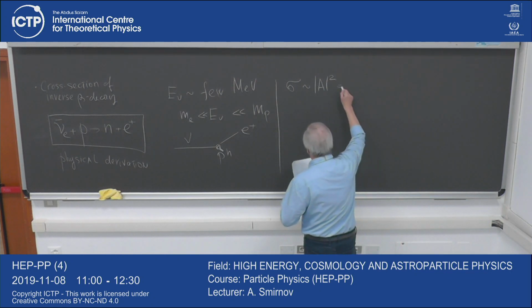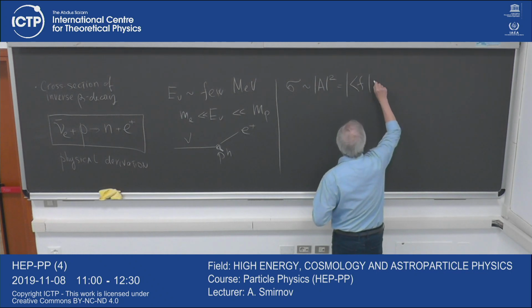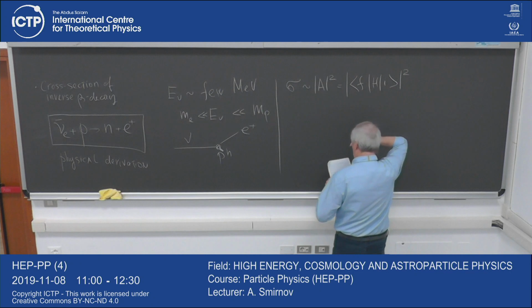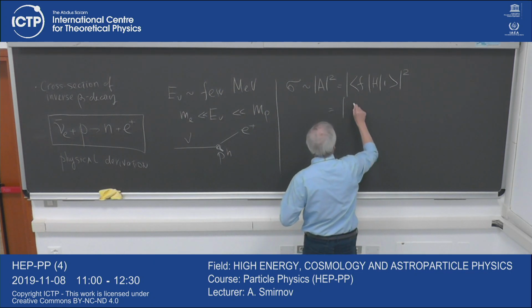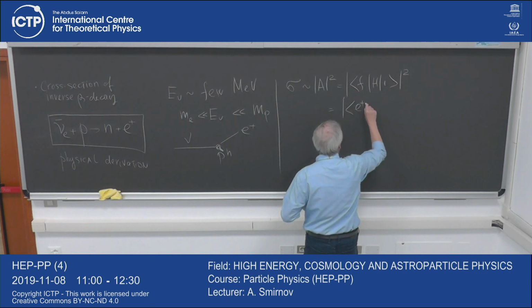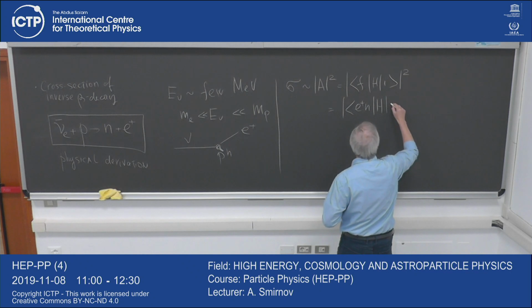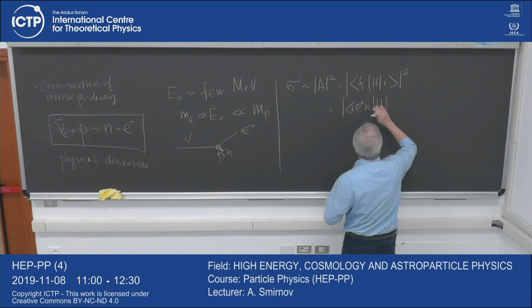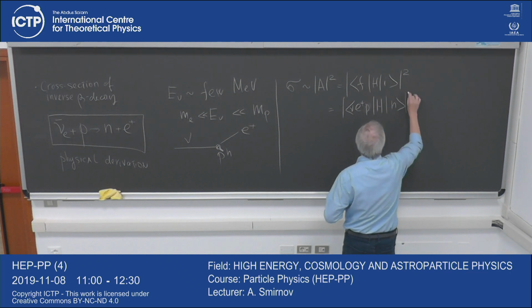So the amplitude is given by the matrix element, where I use the Hamiltonian of interaction between initial and final state. And in our case, those are positron and neutron, then the Hamiltonian of weak interactions, and in initial state, also neutrino, and initial state. So this is final, and initial state we have neutron. This is modulus squared.